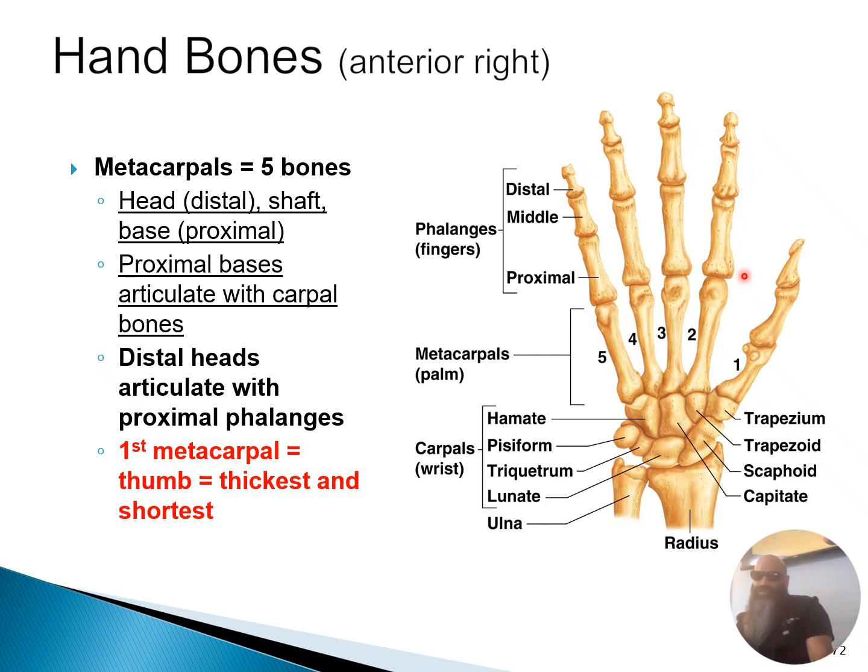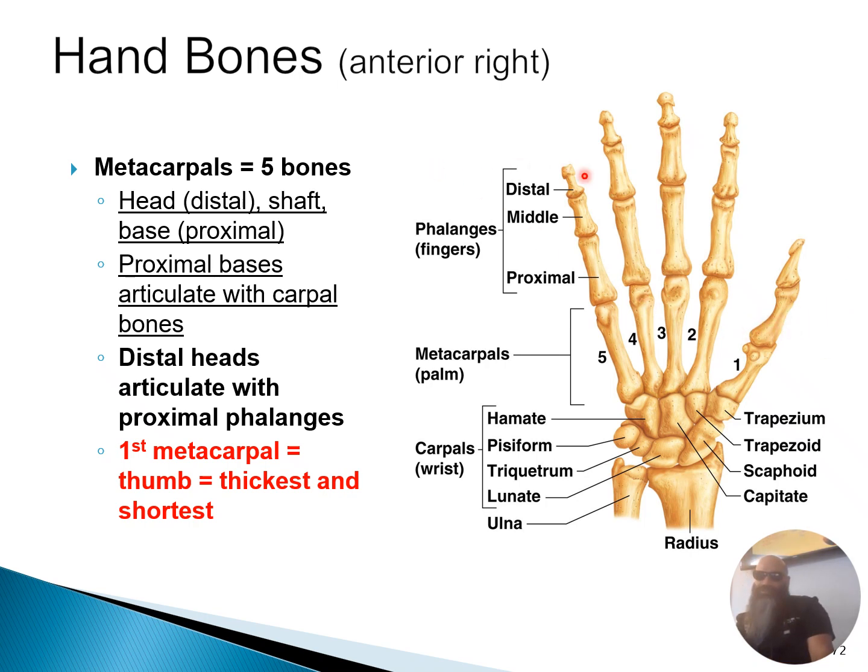In between, we have the metacarpophalangeal joint, or MCP joint, the proximal interphalangeal joint, or PIP joint, right here, and then the distal interphalangeal joint, or DIP joint. So MCP, PIP, DIP. The thumb does not have a middle phalanx. It's just proximal and distal, and we call this one the interphalangeal joint of the left thumb. Okay, that makes sense to you guys.